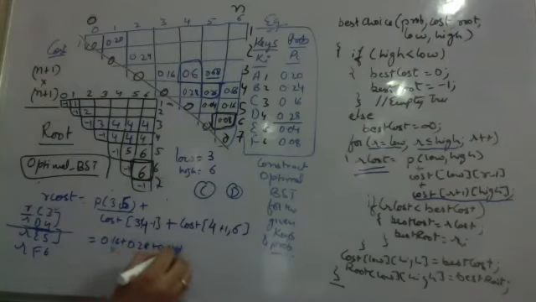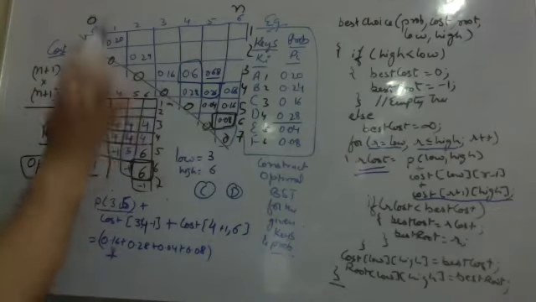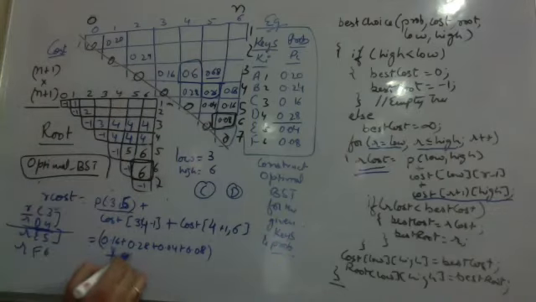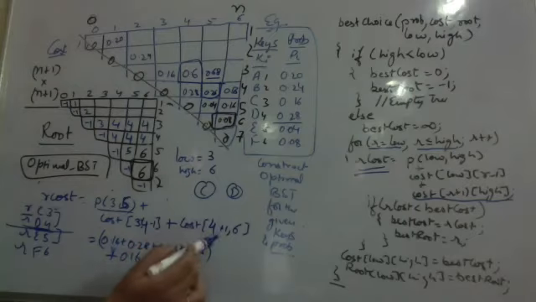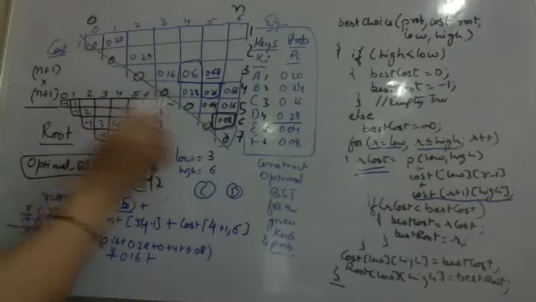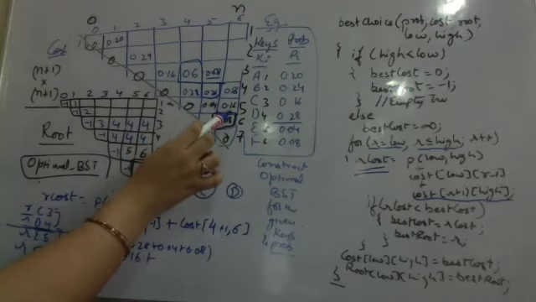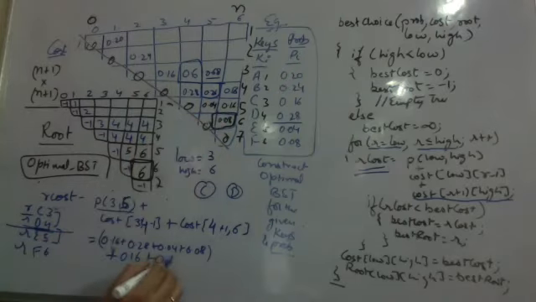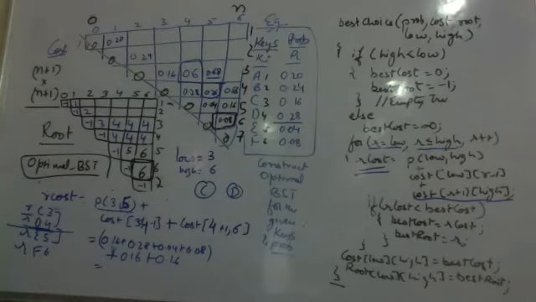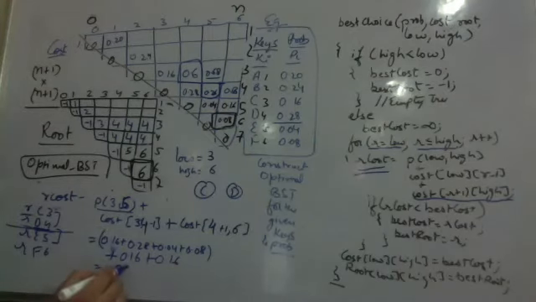Plus cost of 3,3 is 0.16 plus 5,6. 5,6 is 0.16 again. So this comes out to be total. कोई कैलकुलेट कर रहा है मेरे अलावा, ये मैं खुद ही कर रही हूँ. 0.88 is what this is coming out to be.